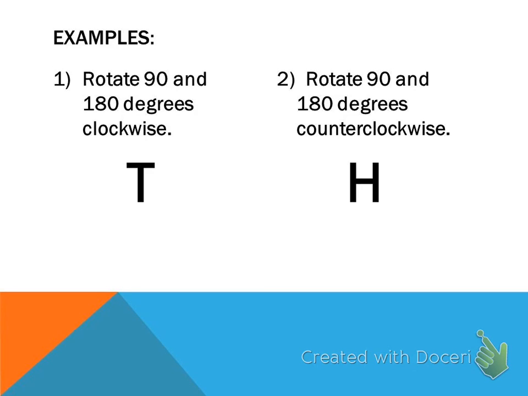So 90 degrees clockwise means that we're going to turn it one time 90 degrees. If we do that, our T is going to look like it's sideways. So imagine pulling it and turning it to the side. So here we're at 90 degrees clockwise.